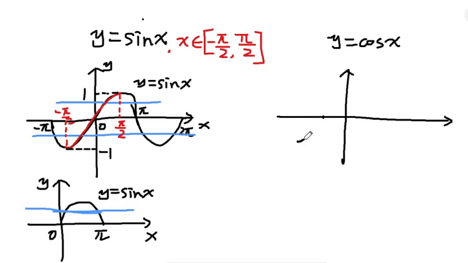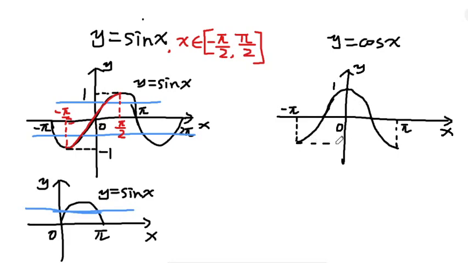Let me just draw the graph of the cosine, okay? In this way, this is minus pi to pi, and this is 1, right?